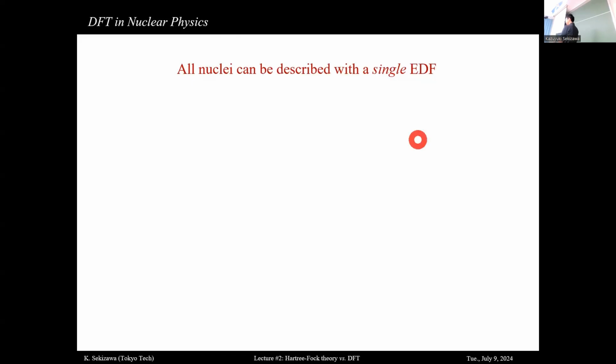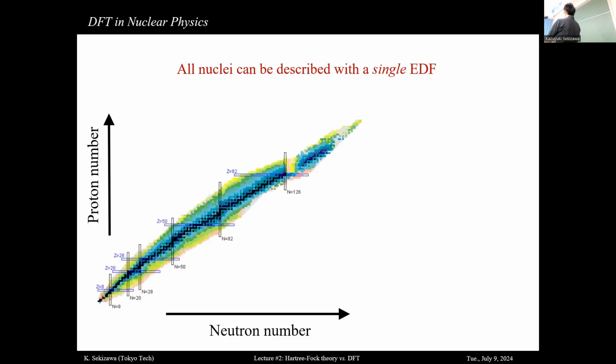If you have a single EDF, you can describe all atomic nuclei using only the single EDF, without any adjustable parameter. So again, remember this is a nuclear chart which shows the neutron number and proton number on those axes, and each box corresponds to a different atomic nucleus.